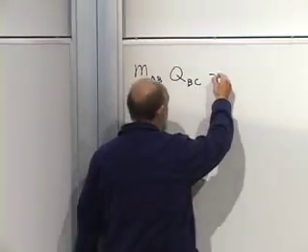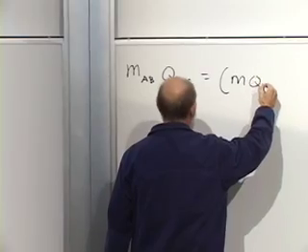That gives you the matrix product MQ with indices A C.